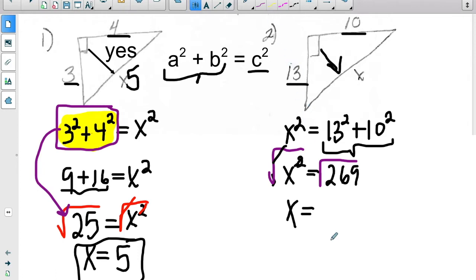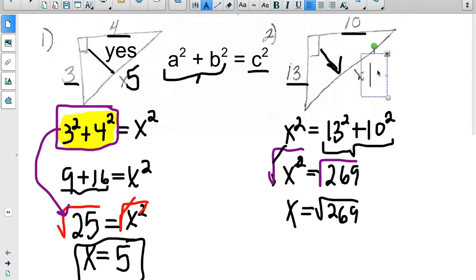And it works out that the square root of 269 is the square root of 269. What that tells us is that there are no perfect square factors. There's no way to simplify this lower without turning it into a decimal. So our answer for the hypotenuse is the square root of 269.